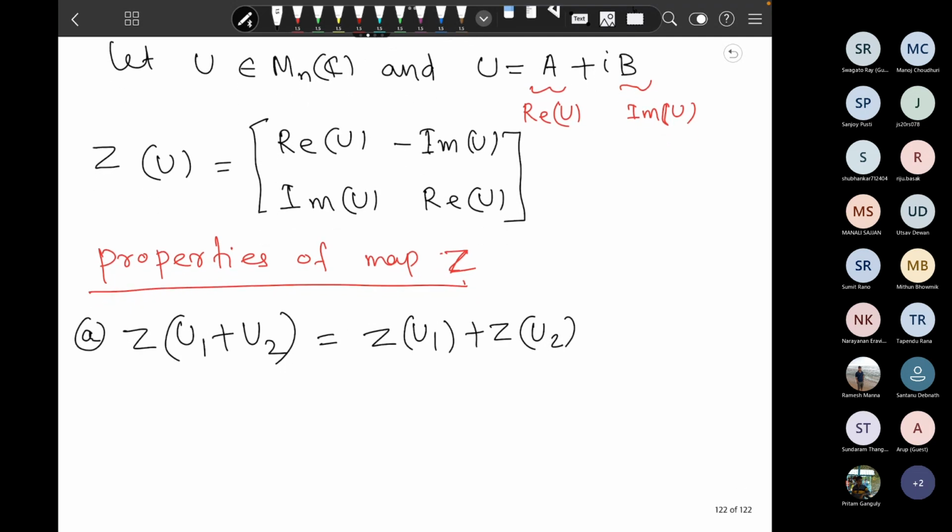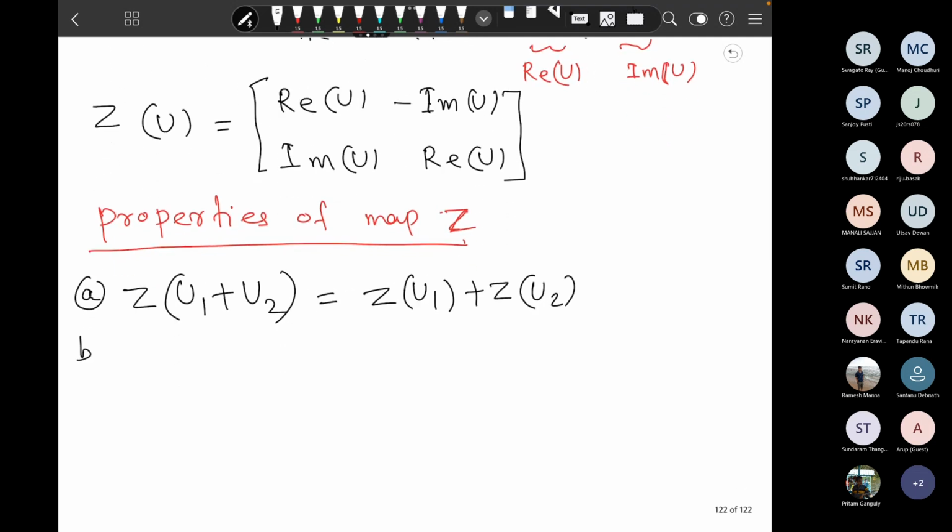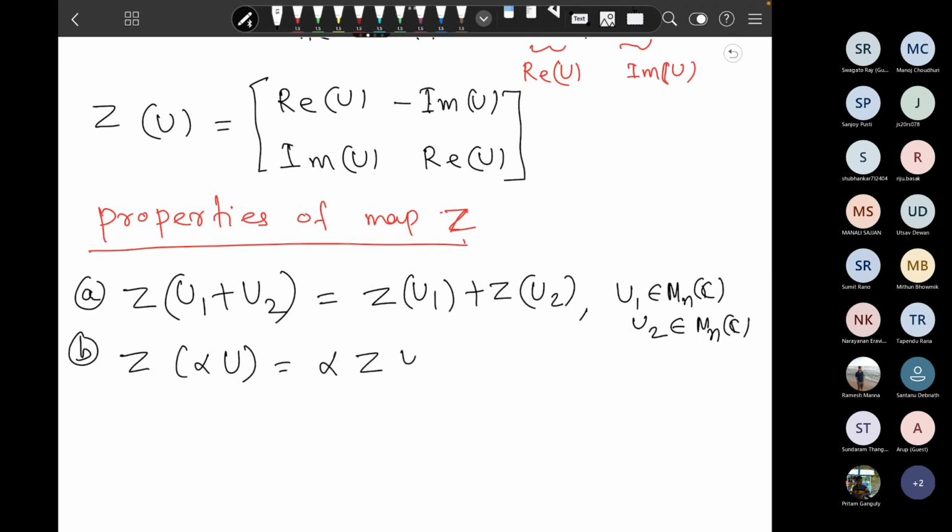You call this first property A. Because the real part will add with the real part and the imaginary part will add with the imaginary part, this first property is very clear. Second, for U in MnC, Z of alpha U is equal to alpha times Z of U, where alpha is a real number.